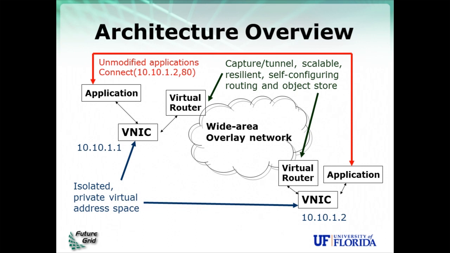All the intelligence needed by IPOP to capture, tunnel, and route tunneled packets over the overlay is encapsulated in this virtual router, which is the main software that runs the IPOP infrastructure. Again, an application sends a message. That message is captured by the virtual network interface and goes to a router.